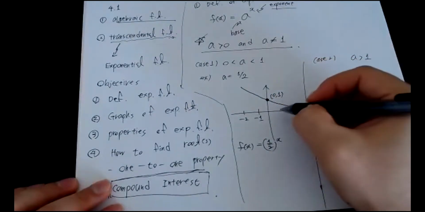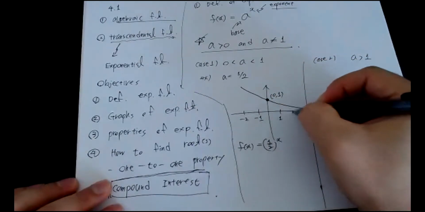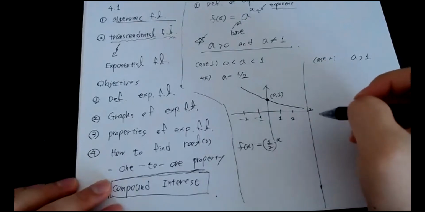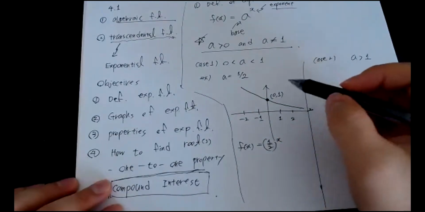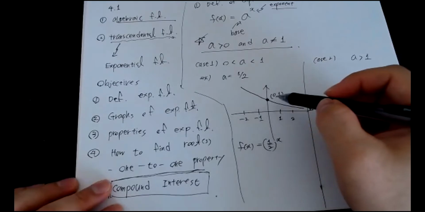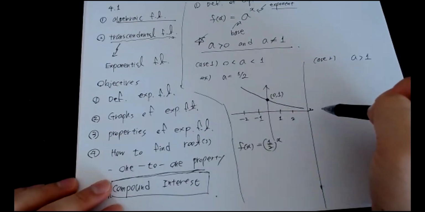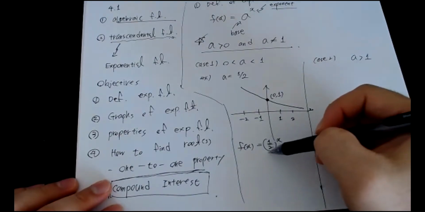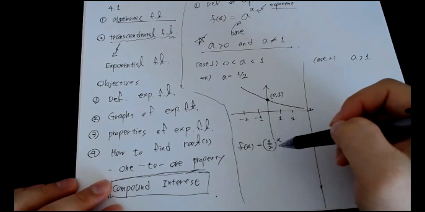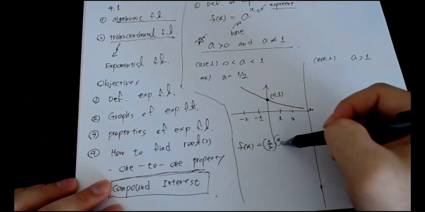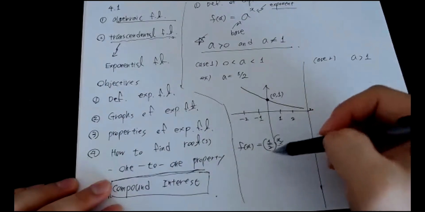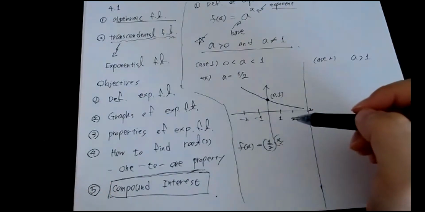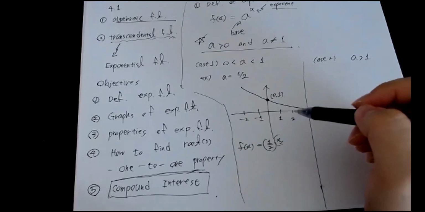When x is 1, we get 1/2, and when x is 2, we get 1/4. As x increases, the y value is decreasing, right? Makes sense, because the base is less than 1. As the exponent increases, the expression gets smaller and smaller.